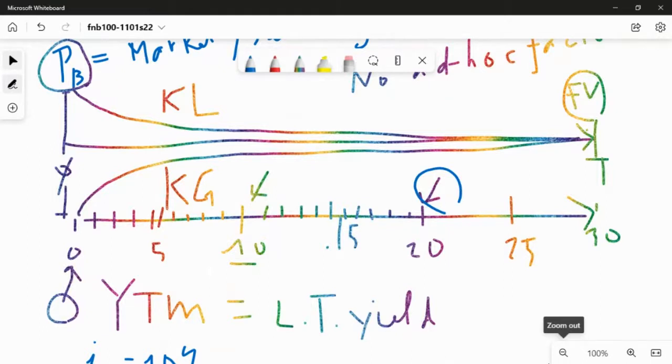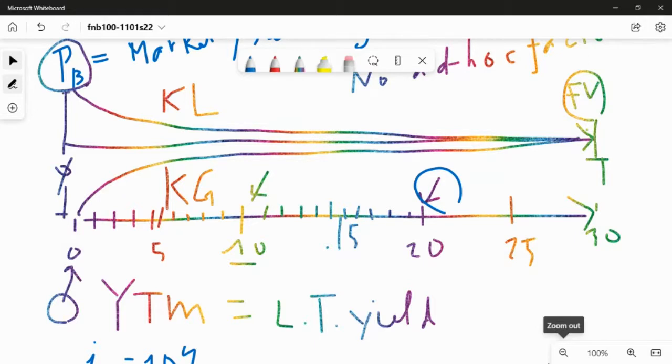If you have a premium bond, over the life of the bond, the overall trend will be capital loss, because by the end of the term, it will have to be $1,000.